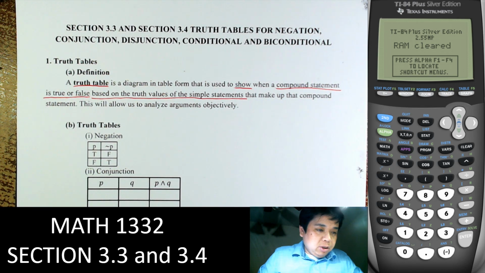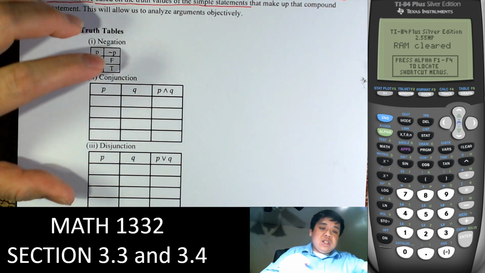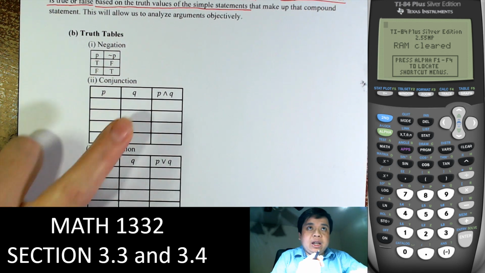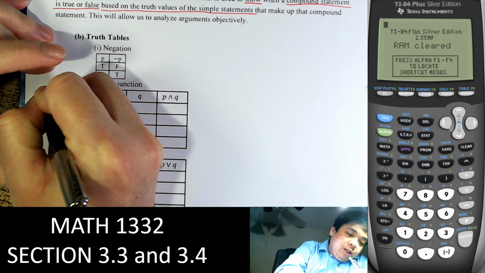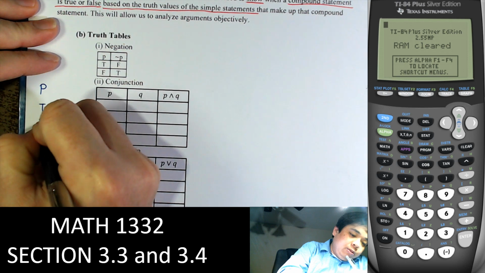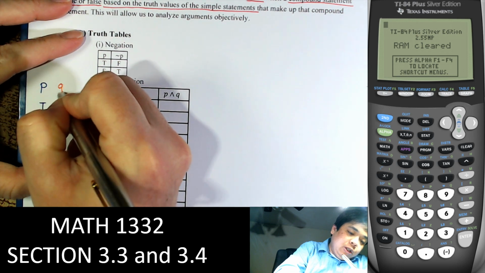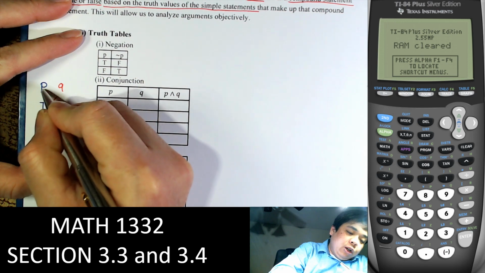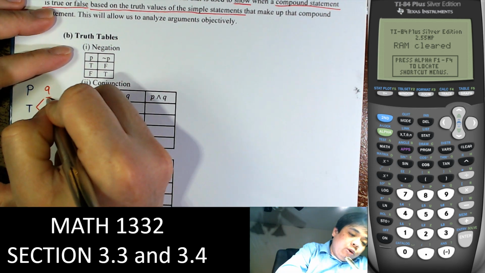Right. Now the conjunction. By the way, for this, we're just going to list every possible way the values of P and Q can make up. So let's start. For P, we can have true or false, and for Q we have true or false, but this time for each corresponding value of the first statement we can choose true or false for the second statement.